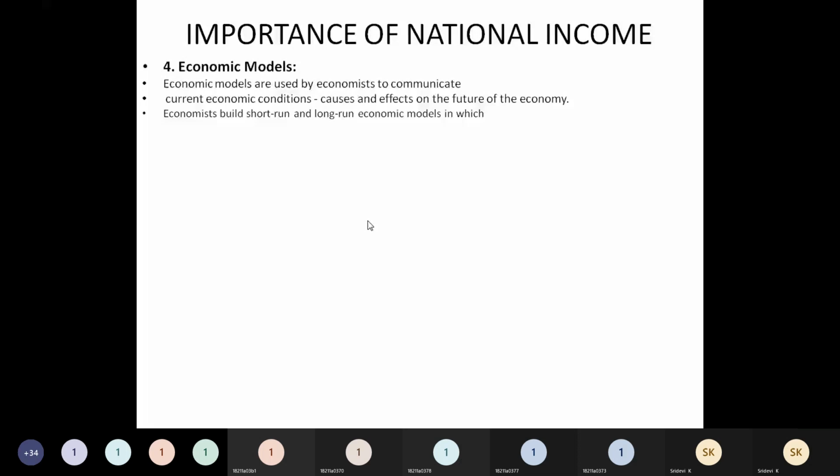For example, if we take the COVID conditions, how this is going to affect, how it is going to reflect on the national income, that was analyzed by the economists. That is the reason keeping a complete lockdown is not possible, like the political leaders are saying, right?